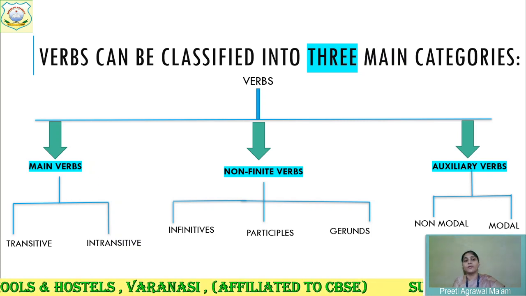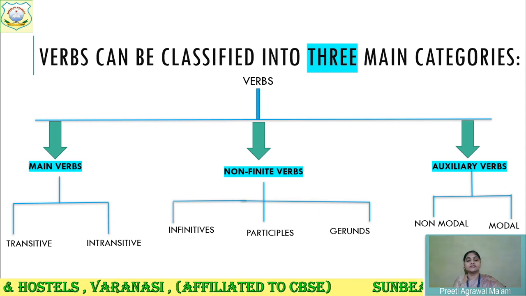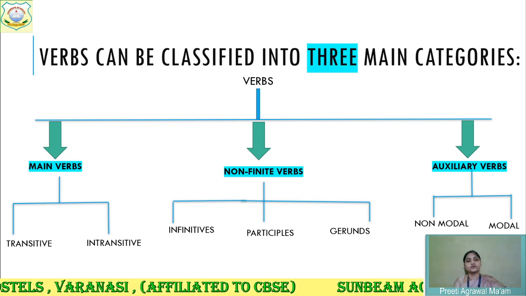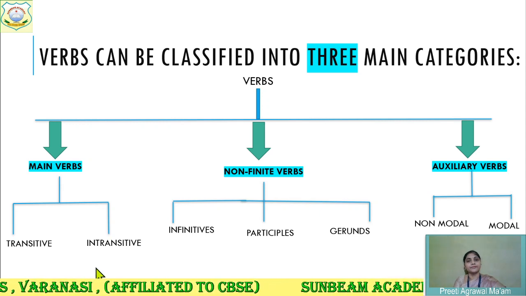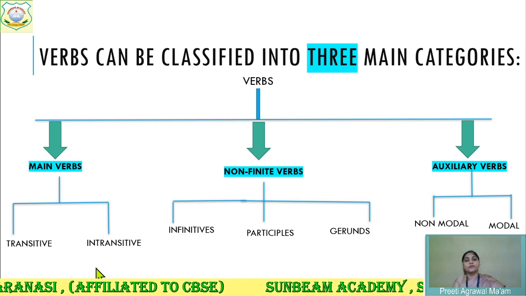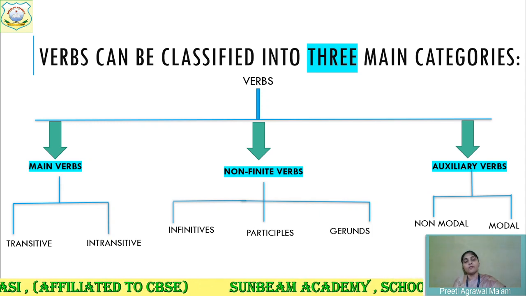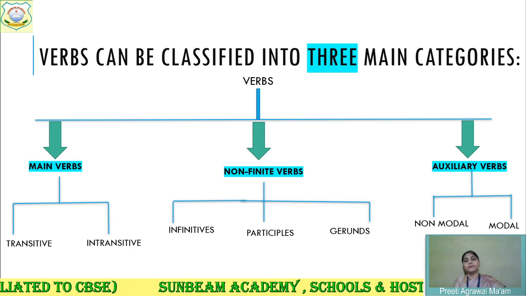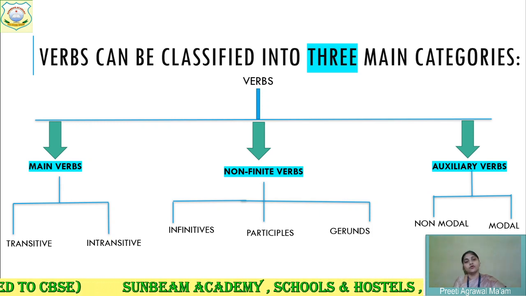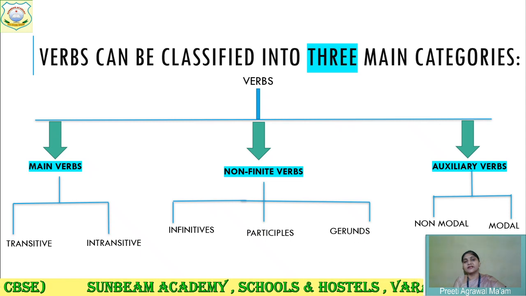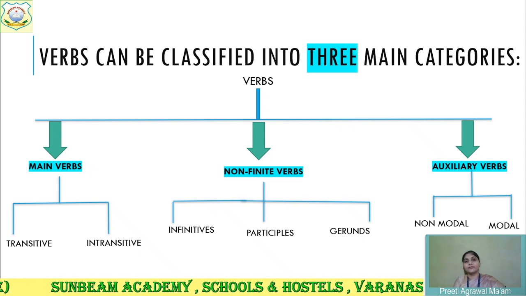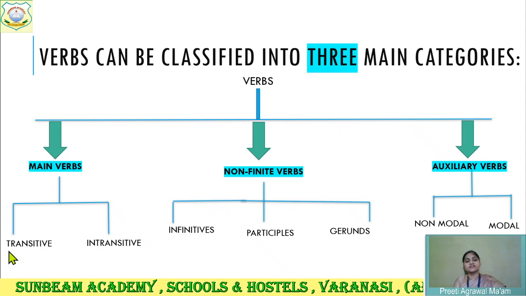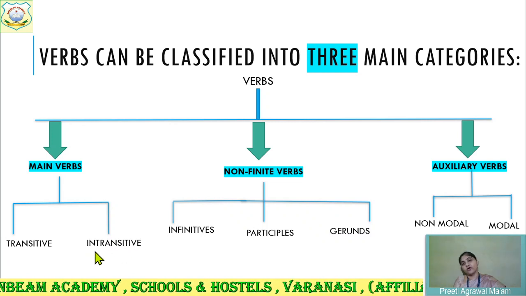First form, second form and third form. And it can be transitive also, it can be intransitive also. Okay. Go, went, gone is your main verb. Go is your first form, went is your past and gone is your past participle. And go, went, gone is just an example. There are many main verbs. And go, went, gone can be transitive also, can be intransitive also.